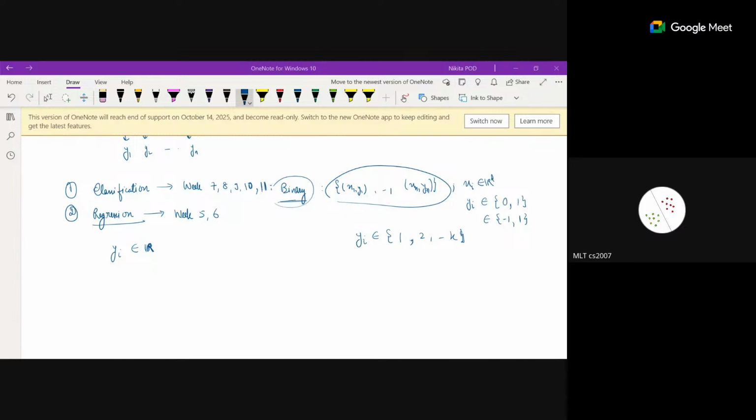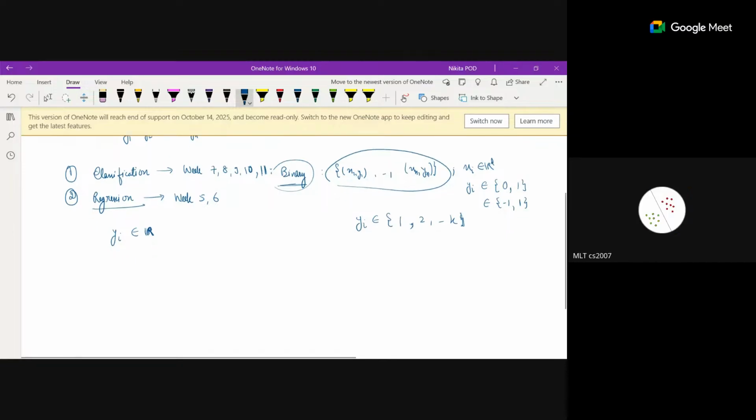Yes, Ashish, do you have any doubt? Ma'am, you said that the difference between classification and regression is that in regression the output belongs to real numbers. So in classification, can't we have real output? No. See, when you think of classification, it's more like you are going to put your object into different classes.